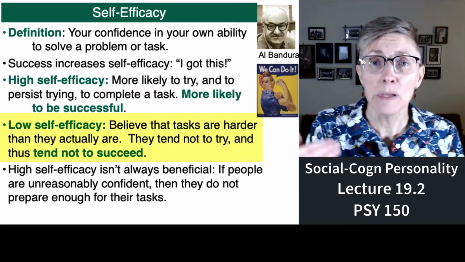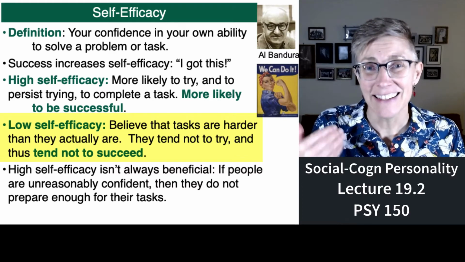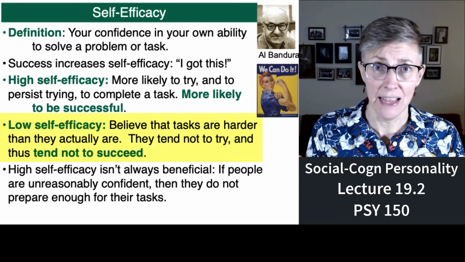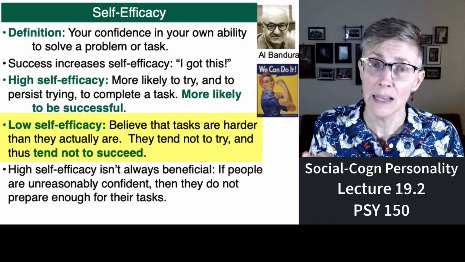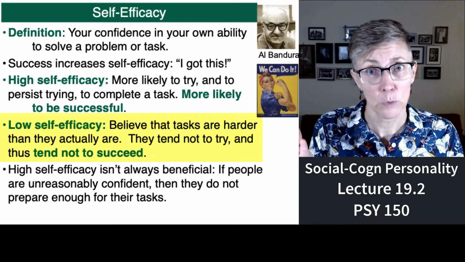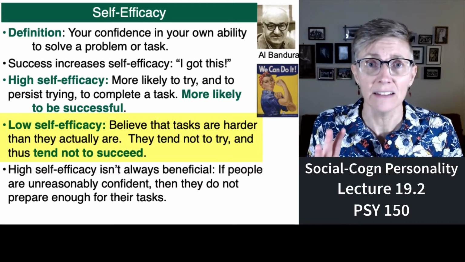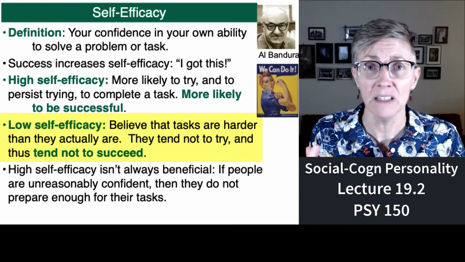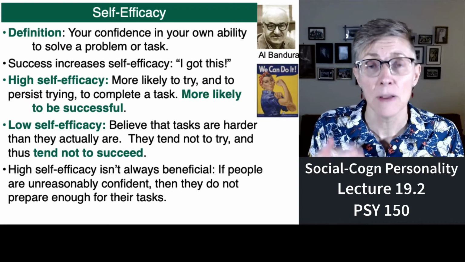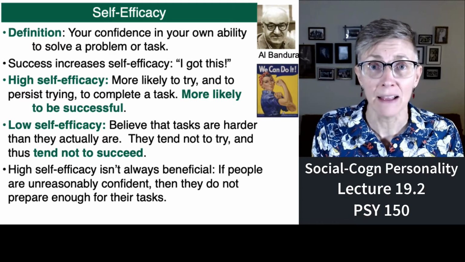On the other hand, people with low self-efficacy for a particular task tend not to be successful because either they won't even attempt the task, or when they attempt the task and fail at it, they give up. Okay? So 2 students with equal intelligence or equal mathematical ability can have very different experiences in a math class depending on whether they have high or low self-efficacy for math.